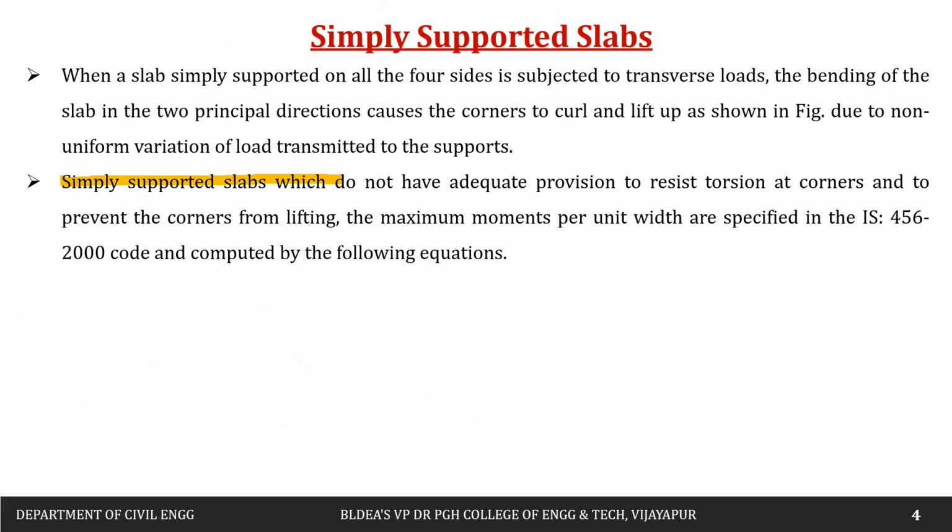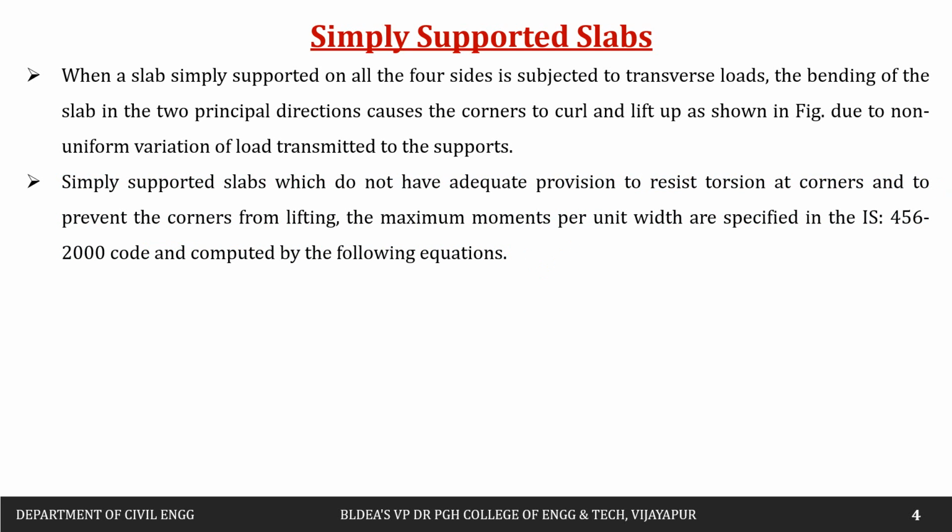These are simply supported slabs which do not have adequate provision to resist the torsion at the corners. If the supports are not restrained to prevent the corners from lifting, the maximum moment per unit width is specified in the IS 456:2000 code and can be computed by the following equations.